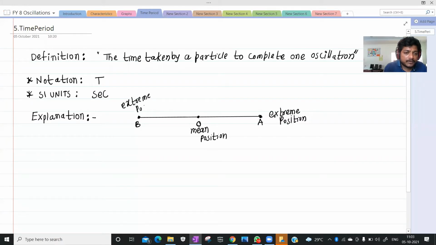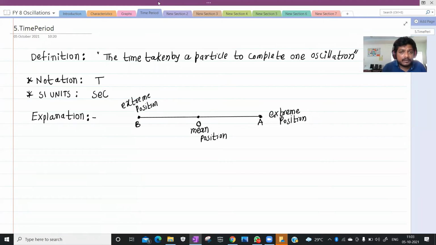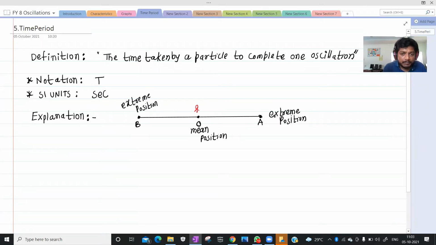If a particle is at the mean position, to calculate the time period, this particle will go to A, then go back to O, go to B, and again come back to its initial position.